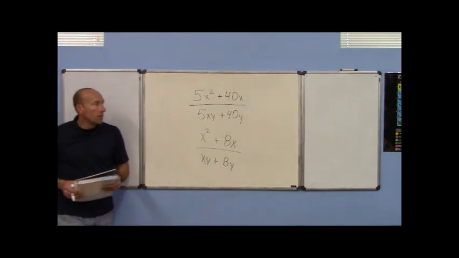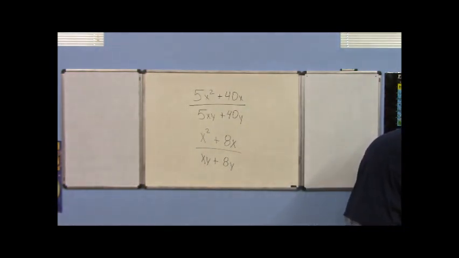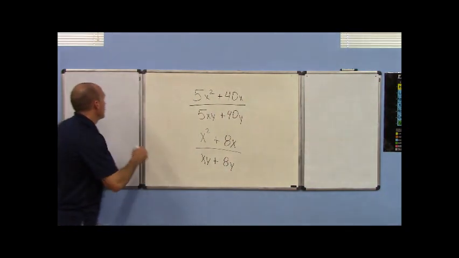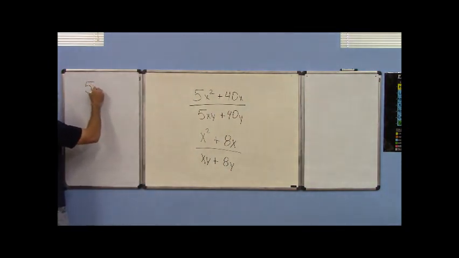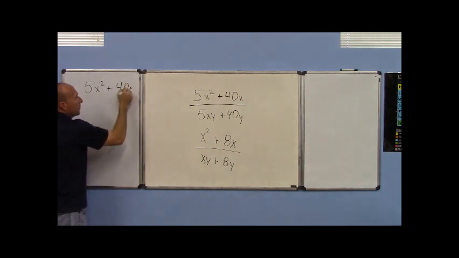Now, this brings us to an interesting situation. So we started here. I'm going to move this up over here so we can see what we began with. But I want to isolate this problem right now.